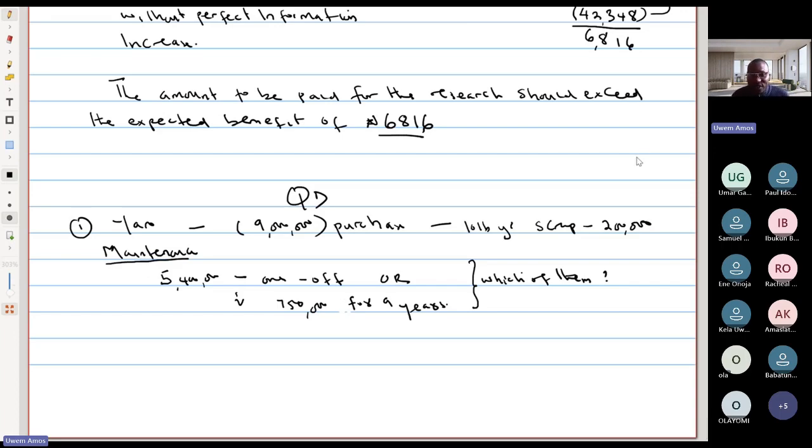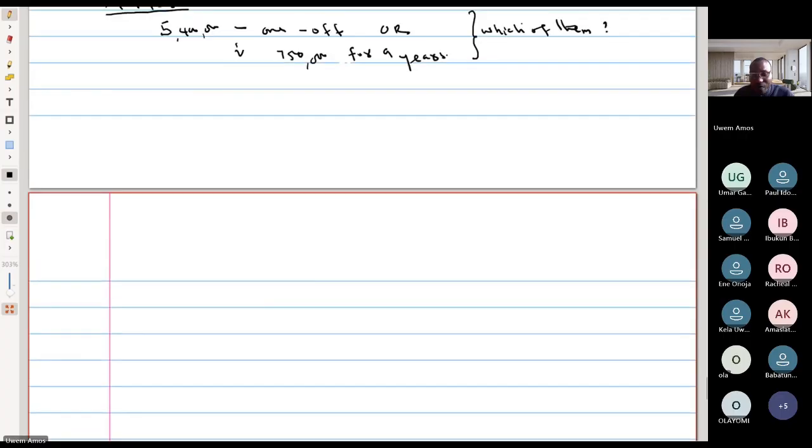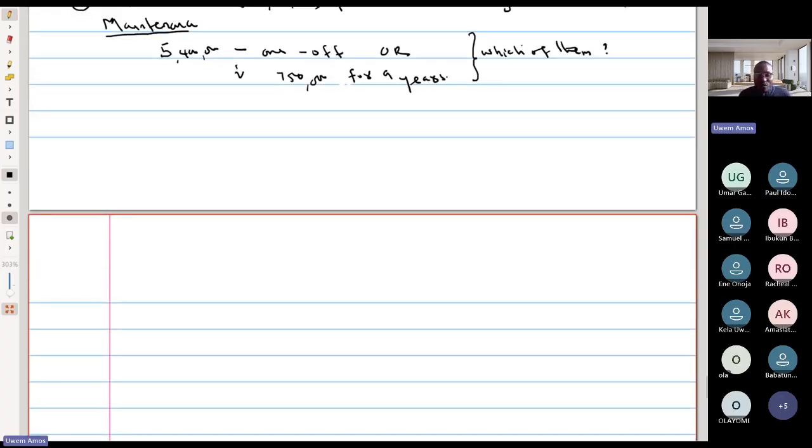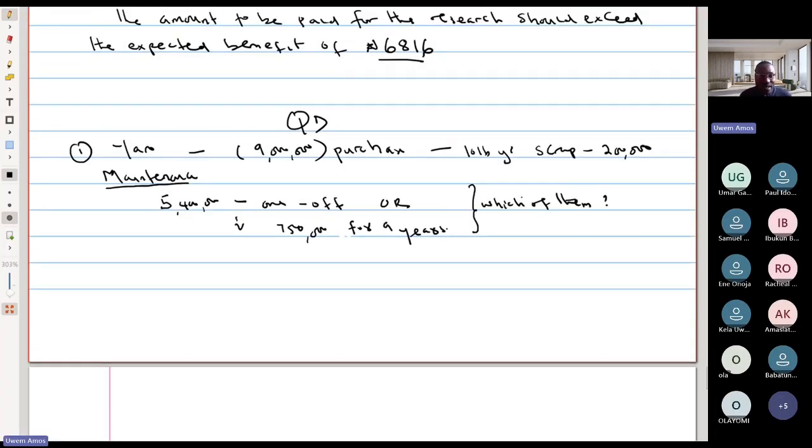Don't forget the formula for annuity factor. Again, it is 1 minus (1 plus whatever the rate of return or the interest rate, the cost of capital) to the power of minus n, divided by r, which is the rate of return.